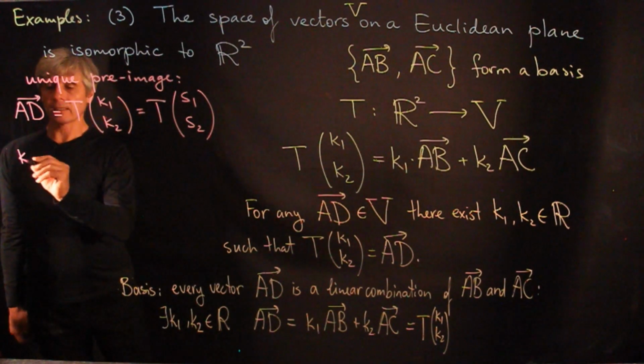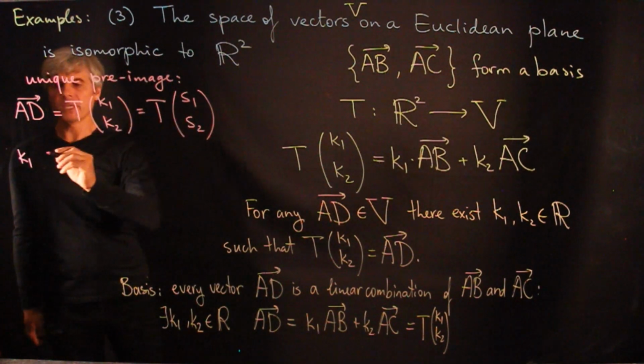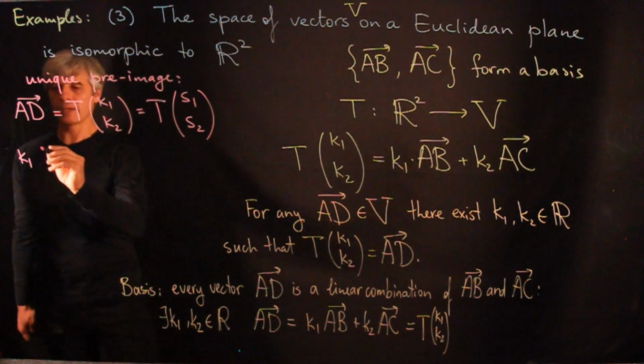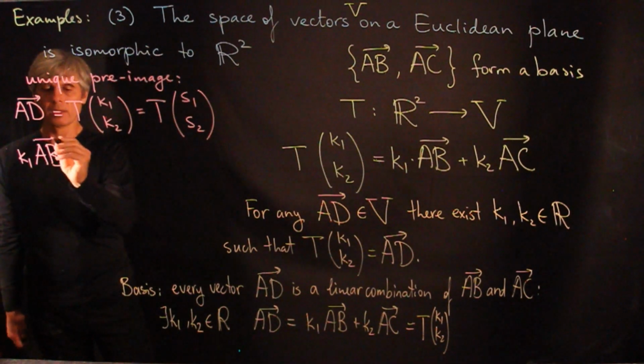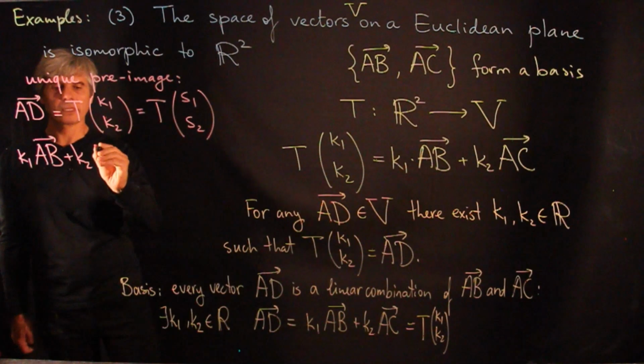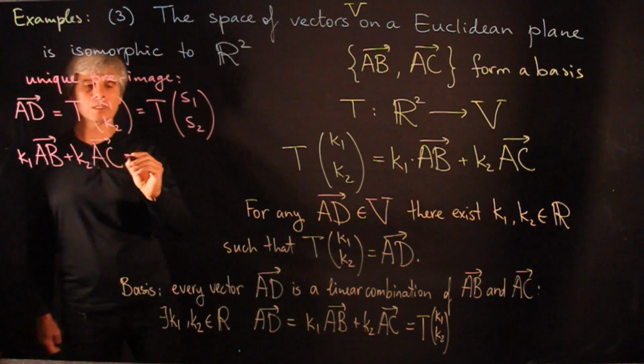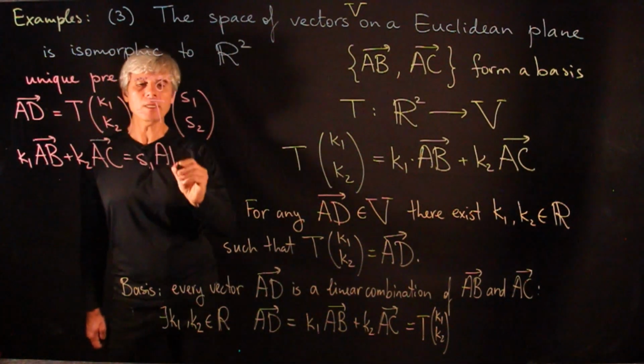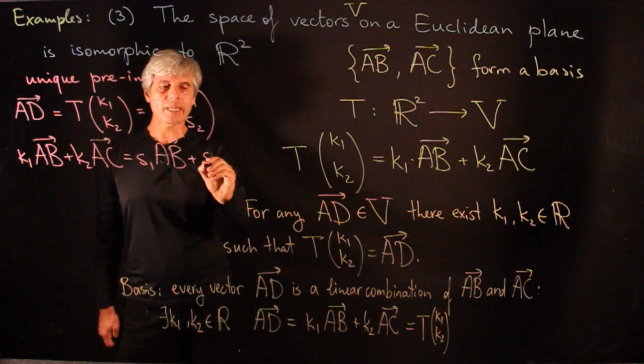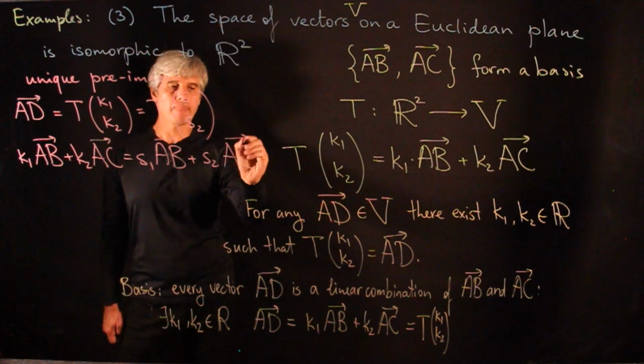This equality means that K1 times AB plus K2 times AC is equal to S1 times AB plus S2 times AC.